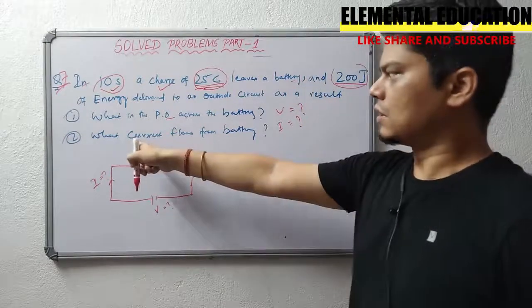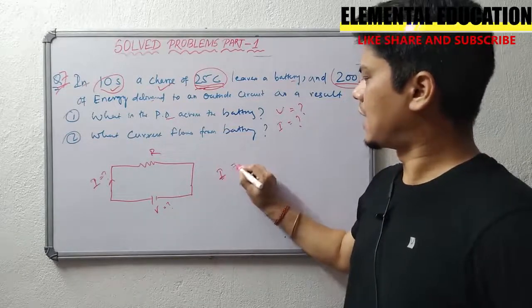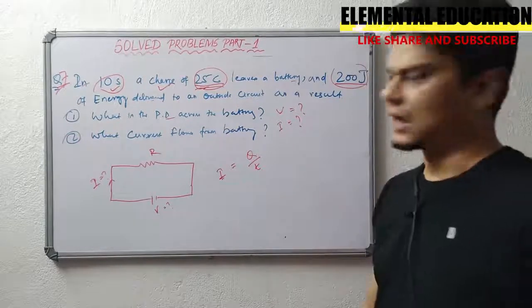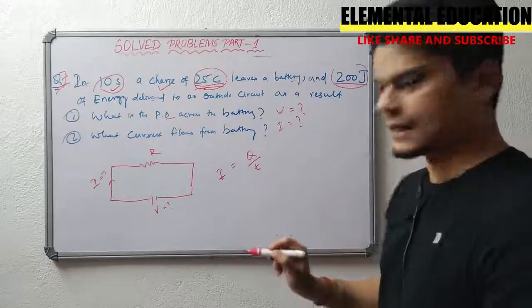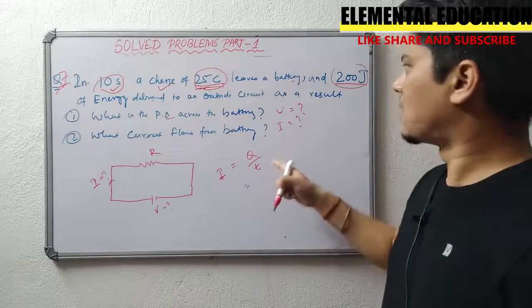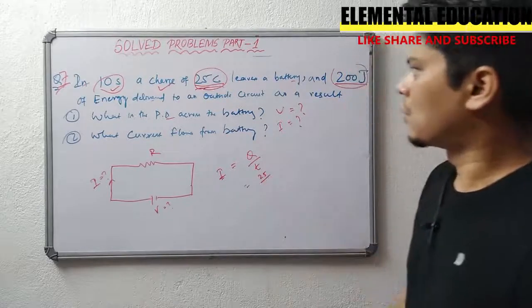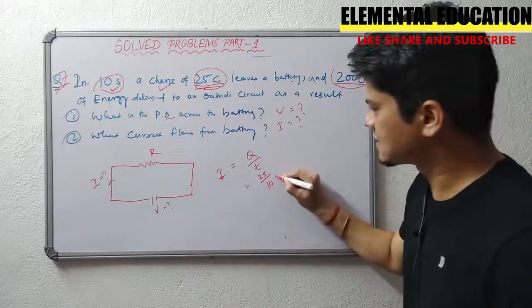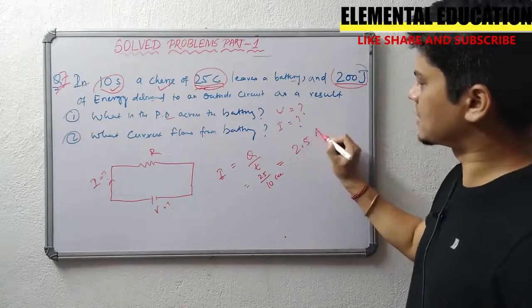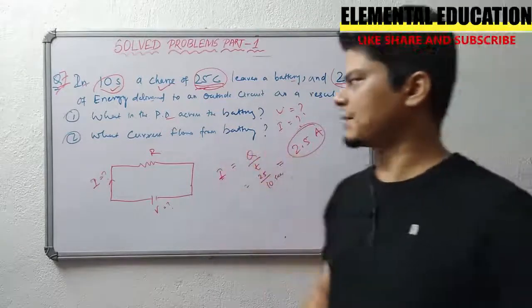We know the current I equal to Q by T, charge flow per unit time. Now, what is the charge here? 25 coulomb. What is the time? 10 seconds. So what will be the current? 2.5 ampere. So we found out the current as 2.5 ampere.